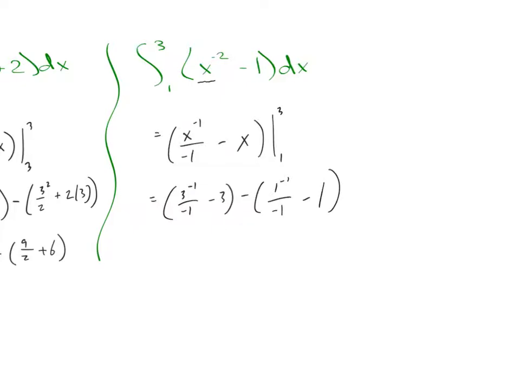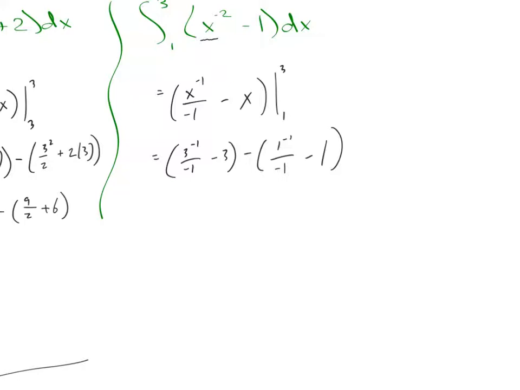So you could use your calculators to simplify, but since I'm the one doing the video here, let's see. This makes this answer negative. That puts the 3 in the denominator. Negative a third minus 3 minus, this makes the answer negative. This puts the 1 in the denominator, but 1 over 1 is 1, minus 1. Inside of the second parentheses, that's negative 2.